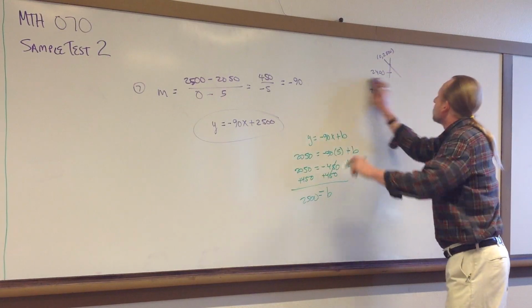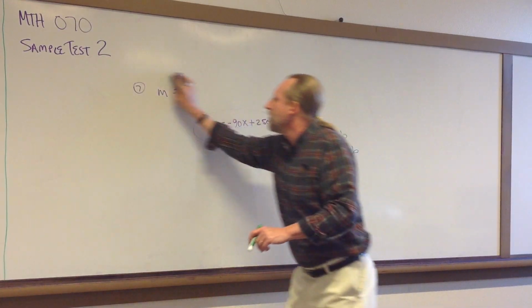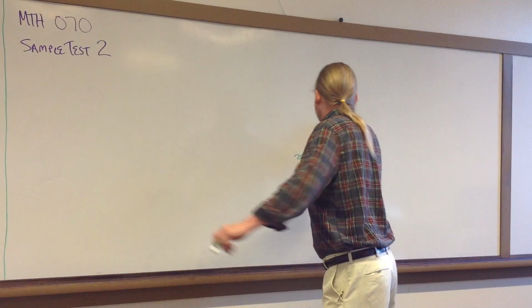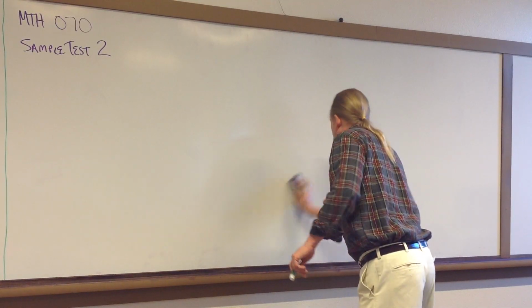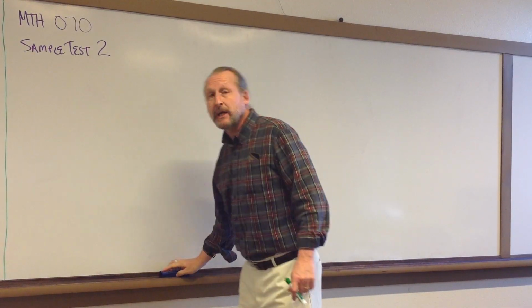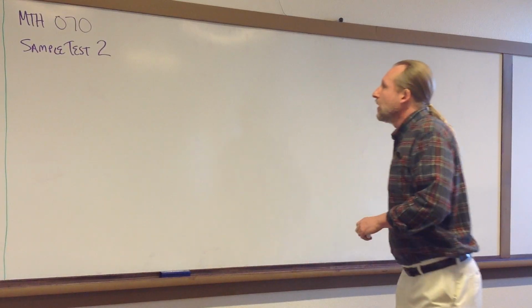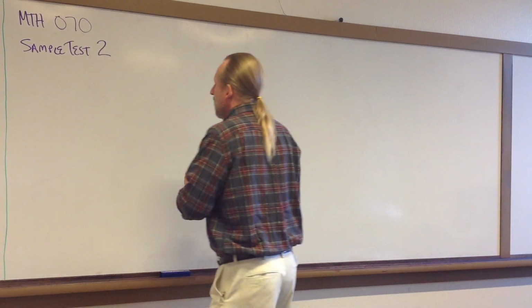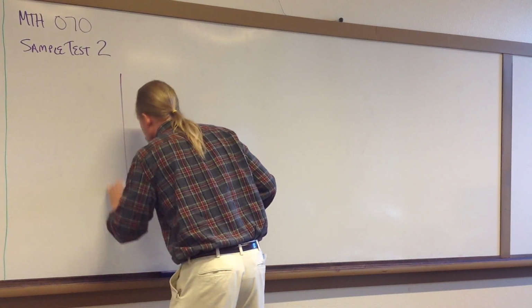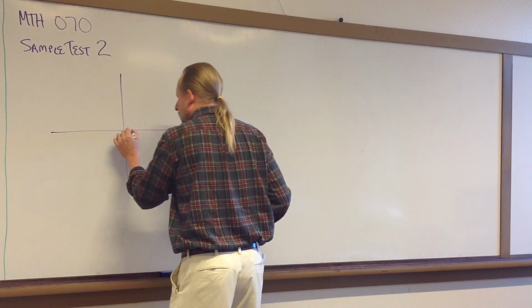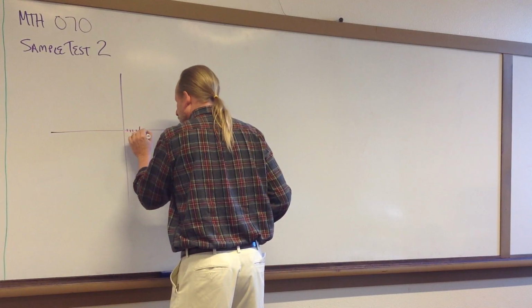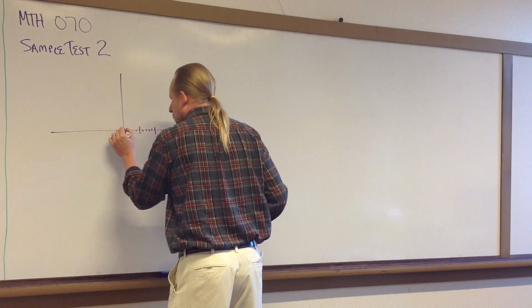Okay. Problem 8. Problem 8 is one of those solving a system of equations by graphing. So you'll have a grid on your test to draw your graph on, because that's really important in doing these problems.